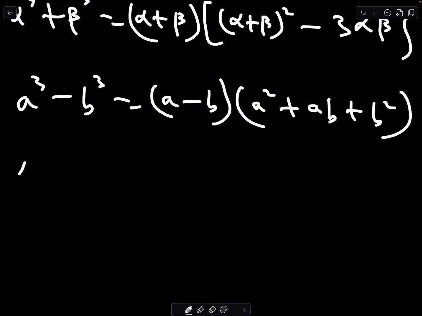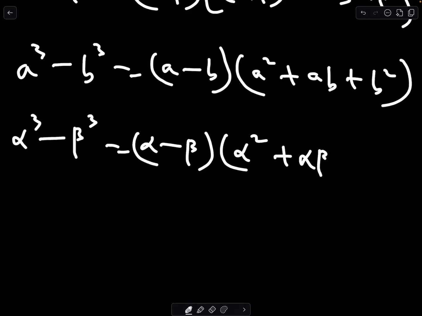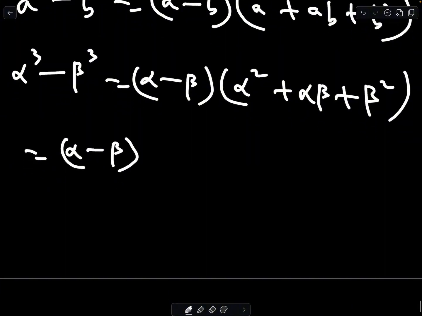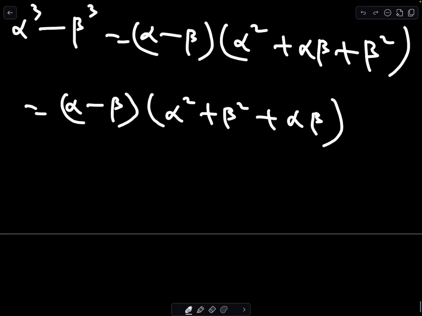So that simply means alpha cube minus beta cube will be equal to alpha minus beta times alpha square plus alpha beta plus beta square. Let me write it as alpha minus beta times alpha square plus beta square plus alpha beta. That's just a rearrangement of the whole of this.